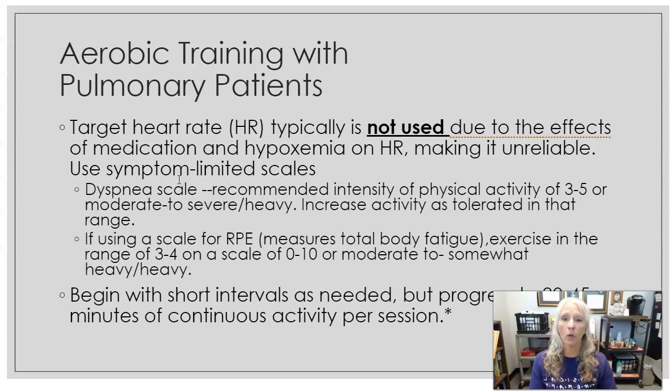So we're going to review both the dyspnea scale and the rate of perceived exertion scale here in just a moment, but this tells you where that patient needs to be when you're performing aerobic training. You start with really, really short intervals of training with these patients who get short of breath very easily, but your goal is still the same goal. You want to progress them up to 30 to 45 minutes of continuous activity per session.